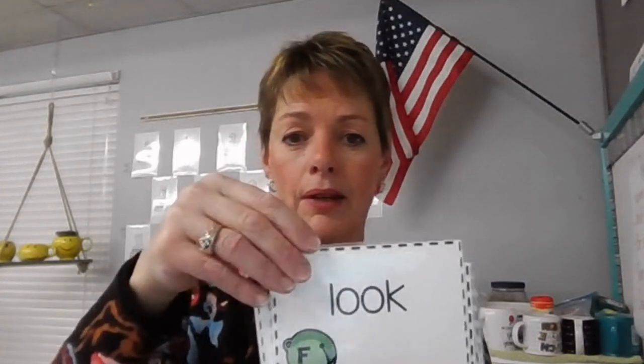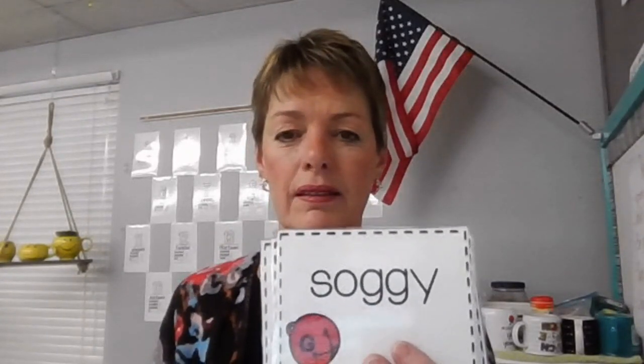Okay, write it down. Pause me. G, soggy. If it is soggy, what is it? Pause me, write it down. H, above. Which bell means the same as above? Pause, write it down.